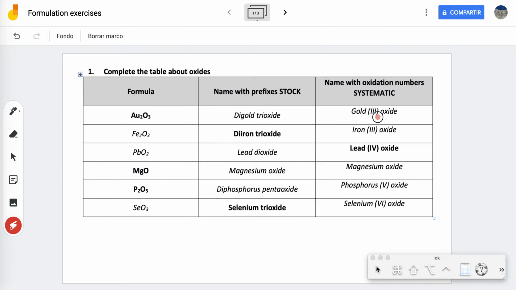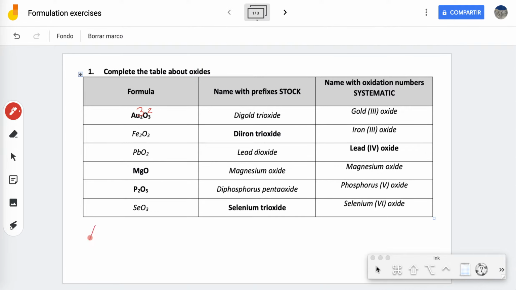Why we put 3 here is because gold has 3 as an oxidation number. And oxygen, like always, has 2 as an oxidation number. Okay, and then we swap.